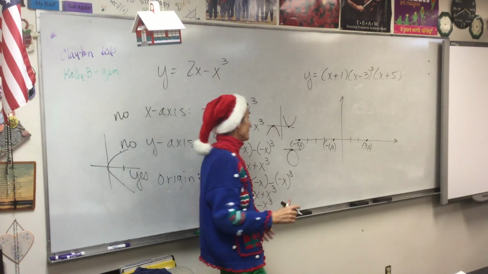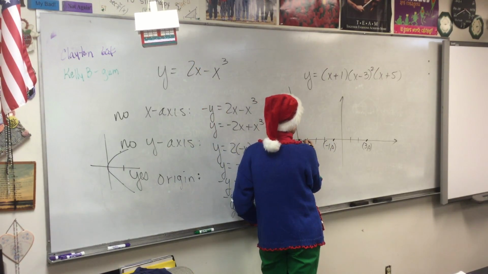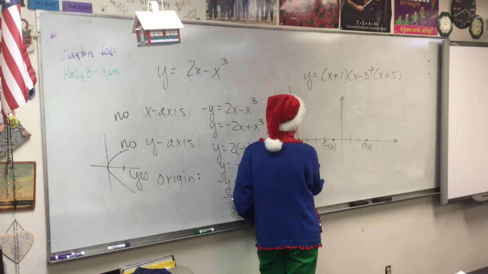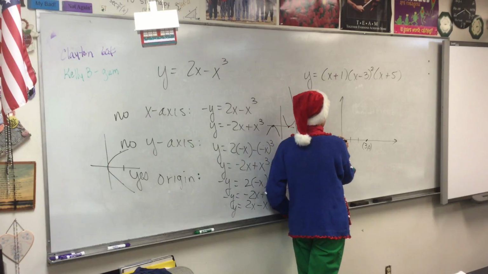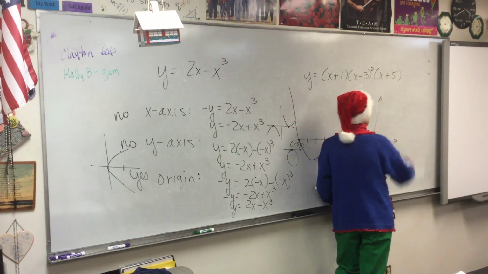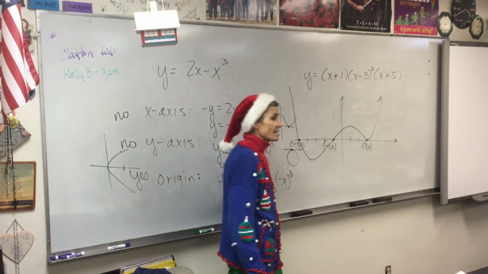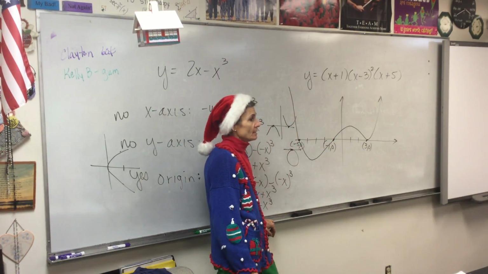Start up, end up. So this guy starts up here and he comes down. What does he do when he hits this point? He passes through. What does he do when he hits this one? He passes through. What does he do when he hits that one? Bounces off. Where is it tangent to the x-axis? At the point 3 comma 0.